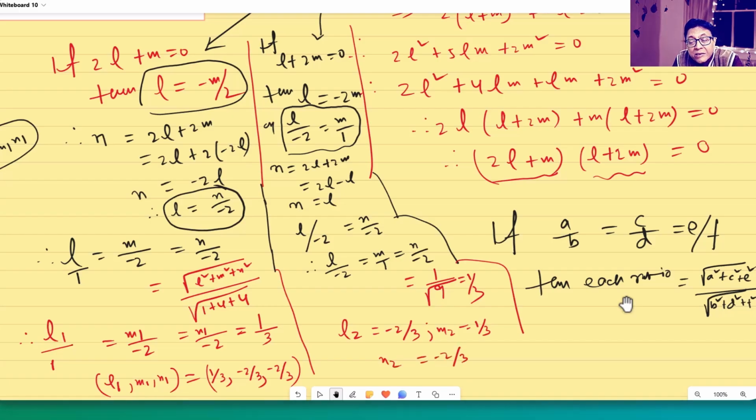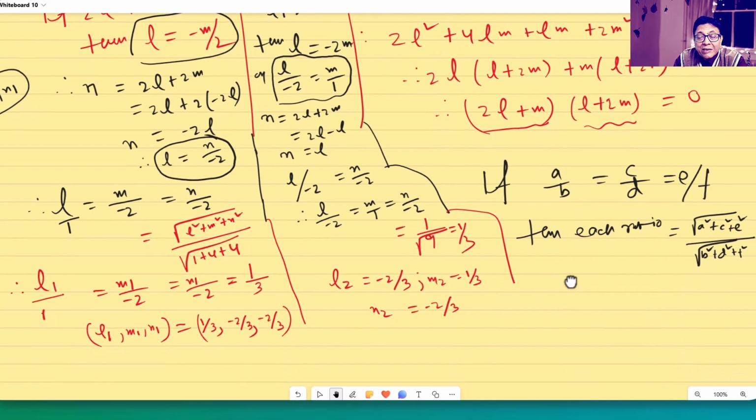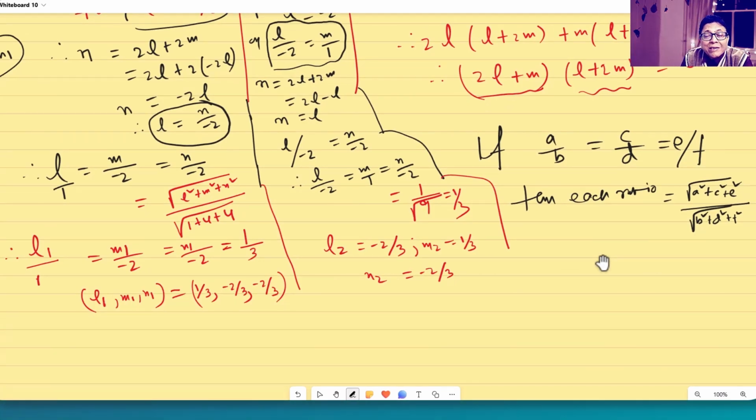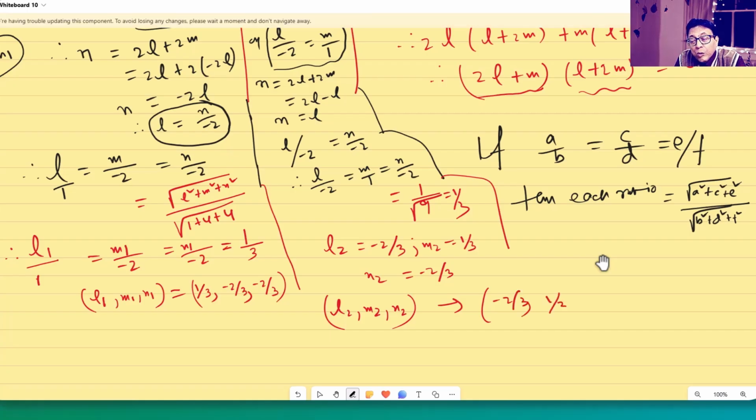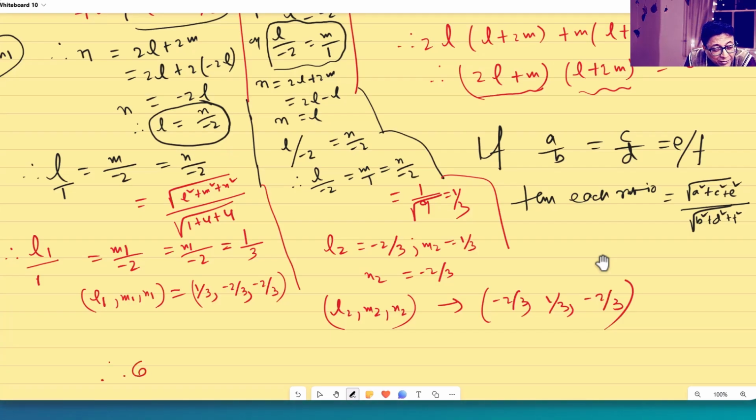All right. So now we can write cos theta easily, once you get L1 M1 N1 and L2 M2 N2. This is minus 2/3, 1/3. So cos theta, if theta is the angle, this is what? L1 L2, M1 M2, and N1 N2. So 1/3.